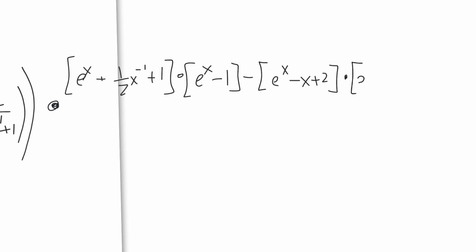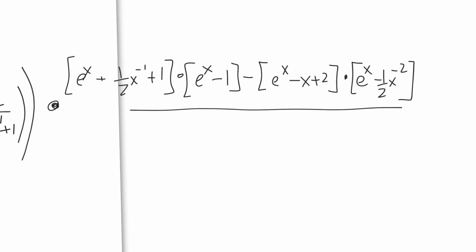So we have e to the x minus 1/2 x to the minus 2. All over, so this is all over this whole thing, the denominator squared. E to the x plus 1/2 x to the minus 1 plus 1 squared.